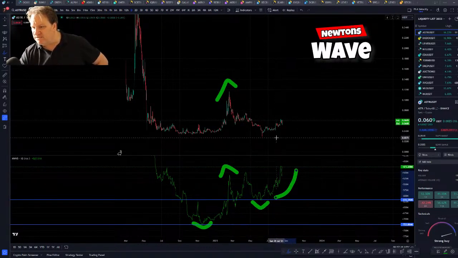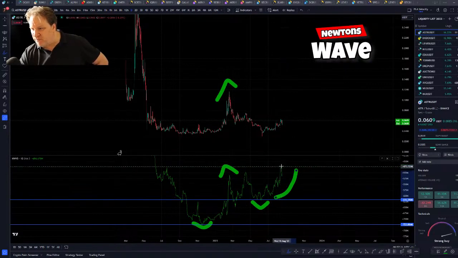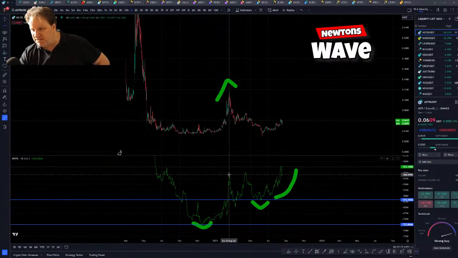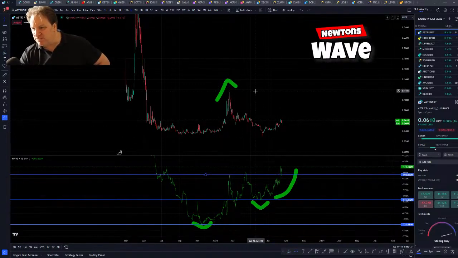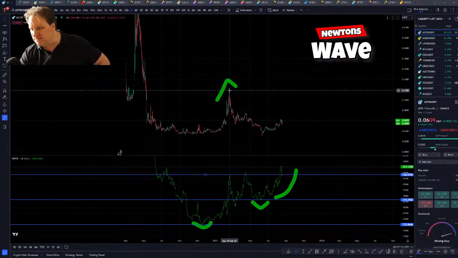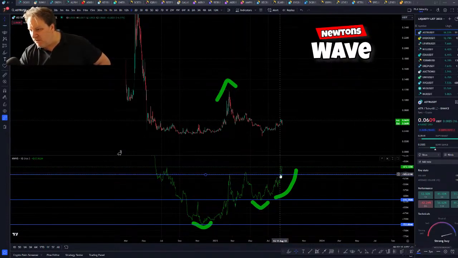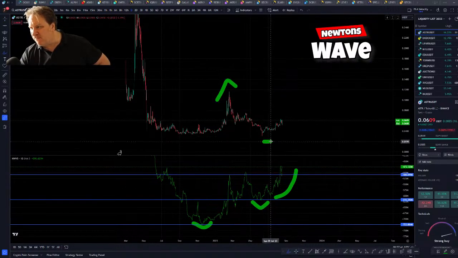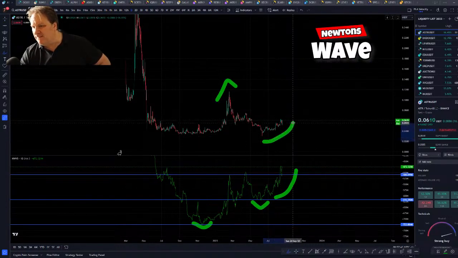Newton's wave has beat the previous peak set here, which, if we look at the price here, is 11 cents. So the deposits right here have topped 11 cents, but it hasn't been reflected in the price yet.